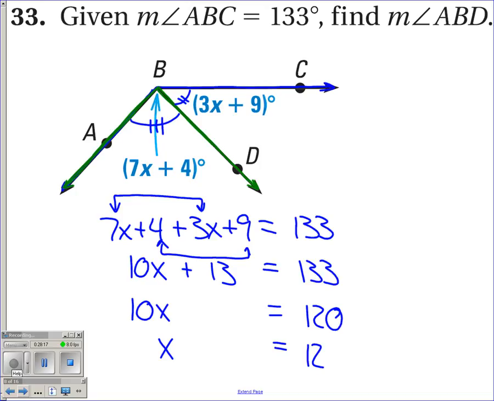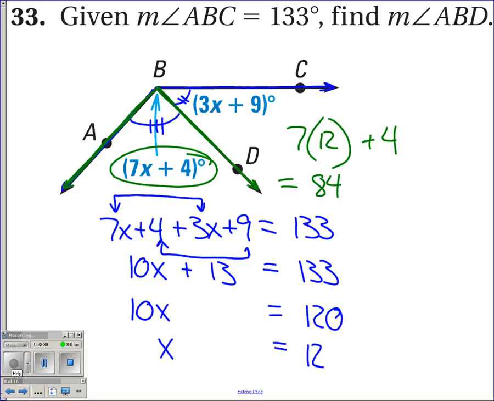So we want to go through and find this 7x plus 4. Well, let's write that down. 7 times, we know x is now 12, plus 4. 7 times 12 is 84, plus 4, so we have 88 degrees.